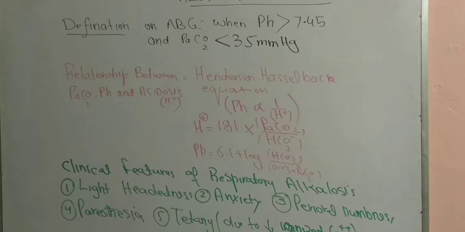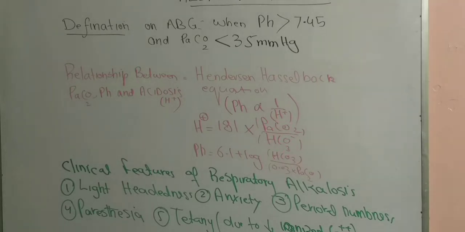So pH is the inverse log, and we take the help of the measurement of the pH to ascertain the level of the hydrogen ion in the body. Now, from the Henderson-Hasselbalch equation, hydrogen ion is equal to 181 times partial pressure of carbon dioxide divided by bicarbonate.